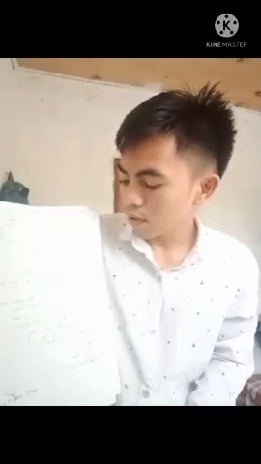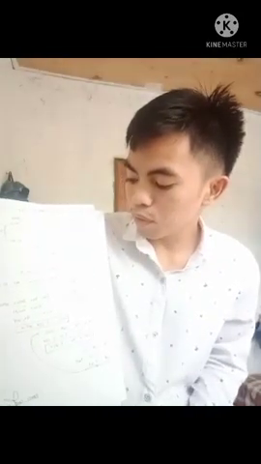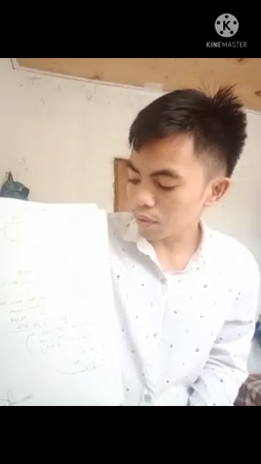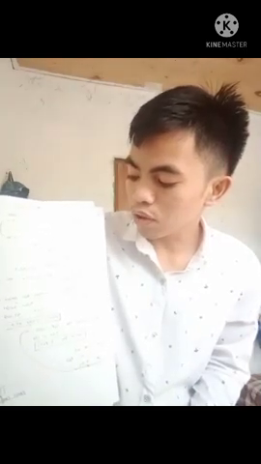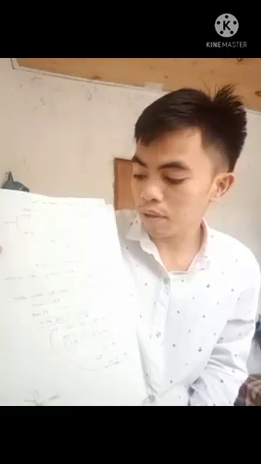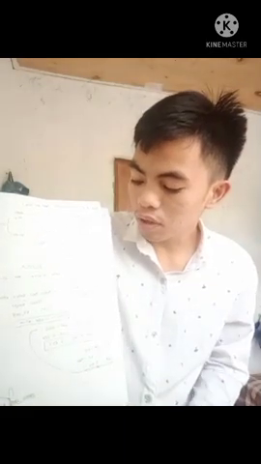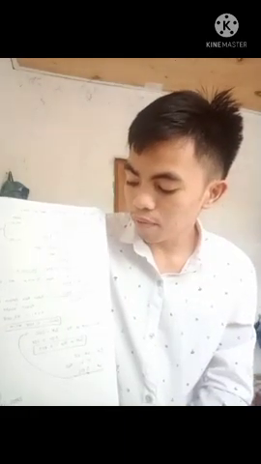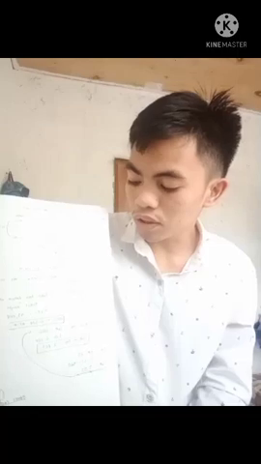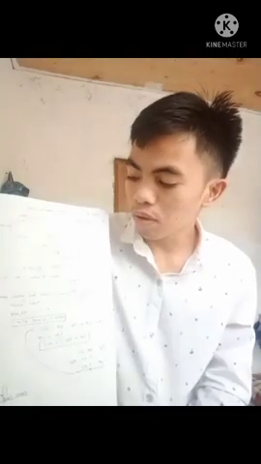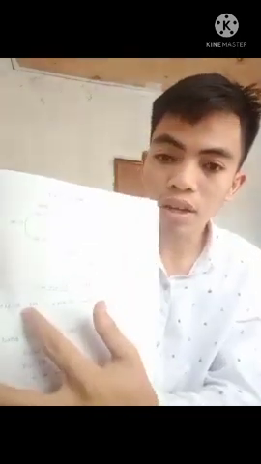Our given draft is 10.70 subtracted by 0.0874, which is equal to 10.613 meters. So we get our forward draft, which is 10.613 meters, and our aft draft is 10.613 meters.